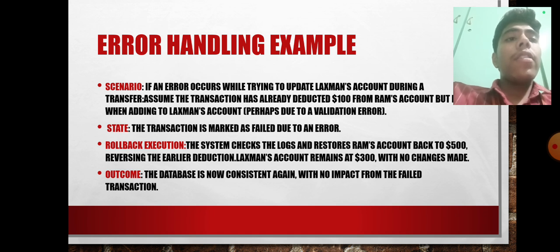So the $100 is credited back into Ram's account because Lakshman has not received the money yet. Outcome: the database is now consistent again with no impact from the failed transaction.